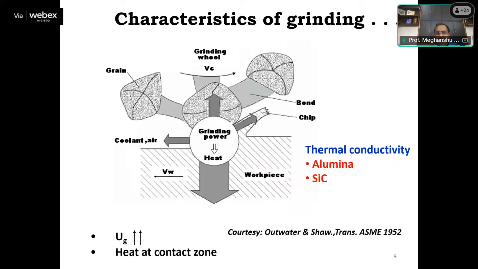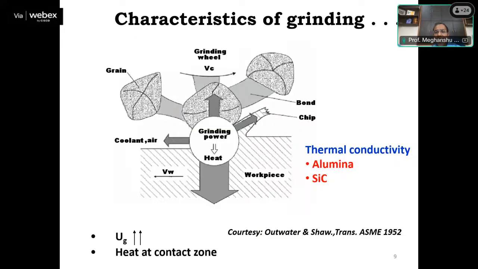So the size of the arrow indicates that, of the grinding heat or the machining heat, a large amount is transferred into the workpiece. Okay, and a very small amount of heat is carried away by the coolant or air. A very small amount of heat is taken away by the chip, and also a very small amount is taken away by the abrasive grit.